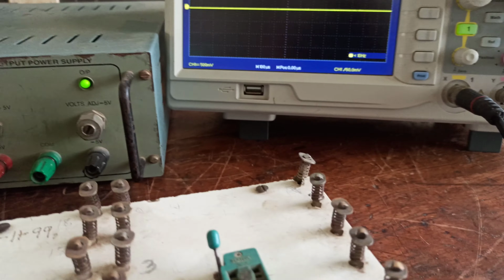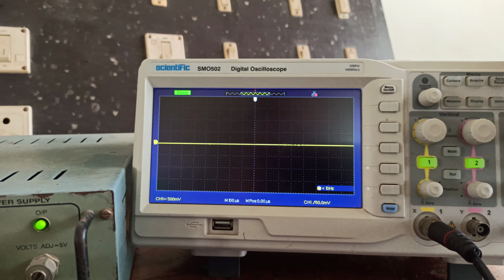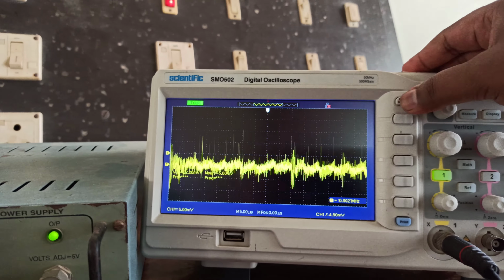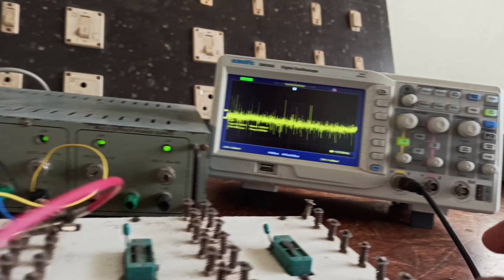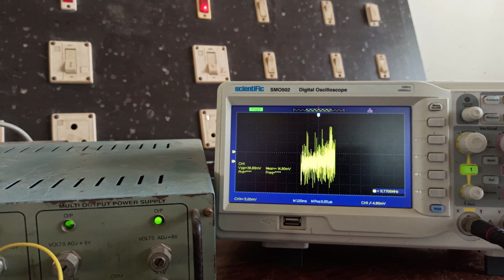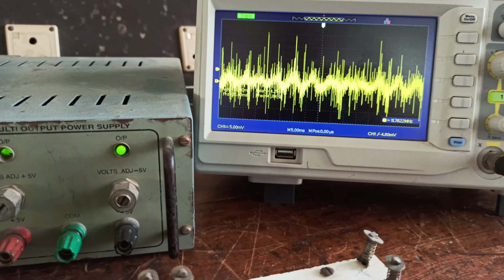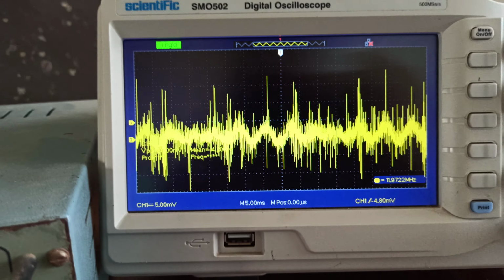When you switch on the power supply, you should get an output signal. Actually at lower frequency signals the output will be 0. That's why you are getting a signal like this.